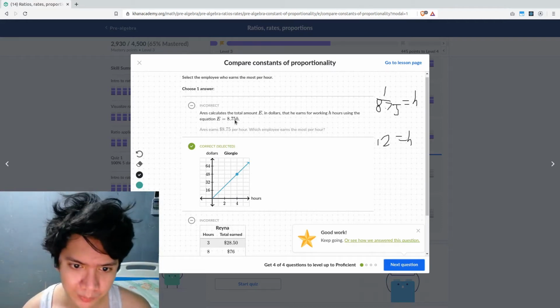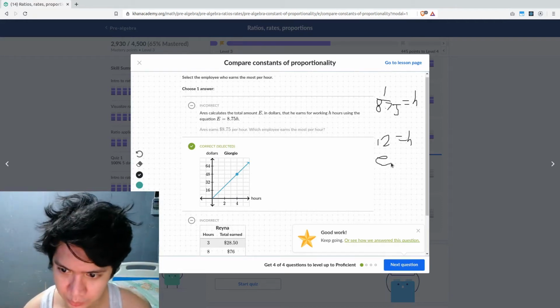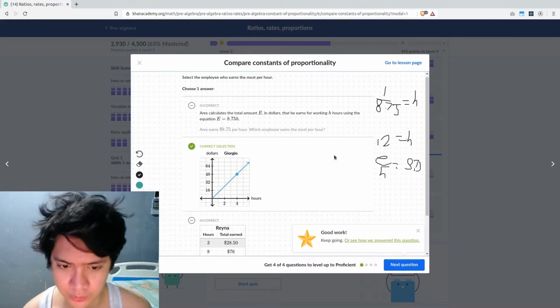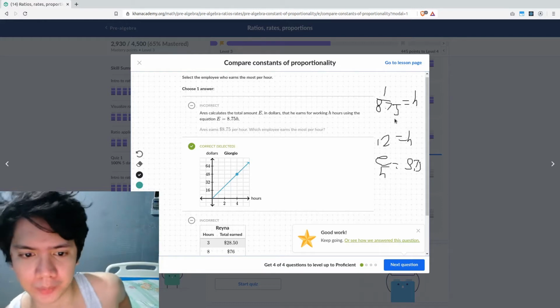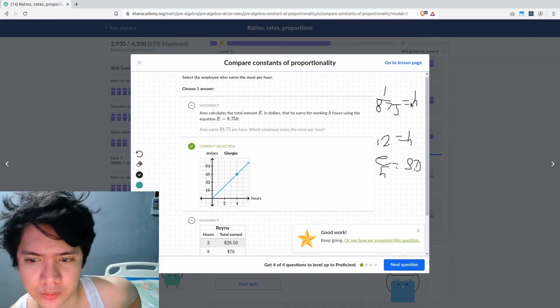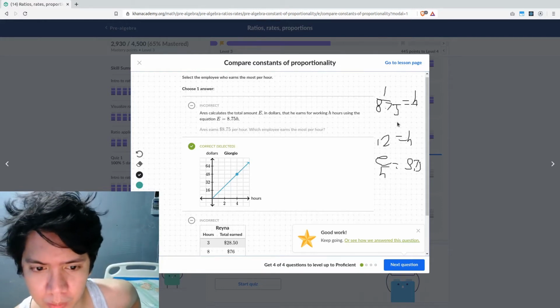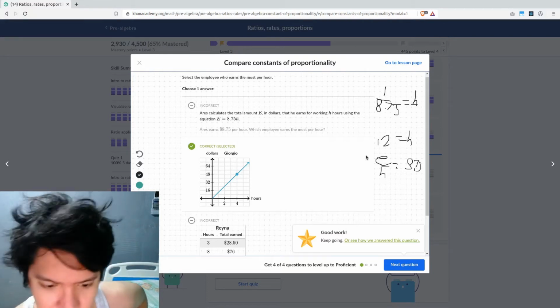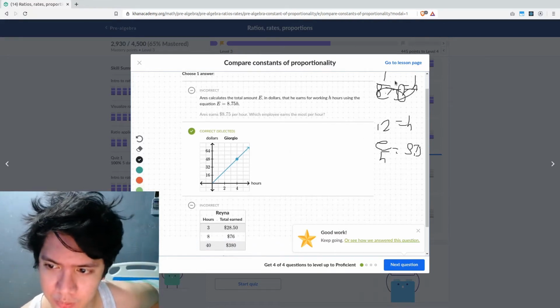Oh, so if you divide both sides by h, we have earnings per hour, which is 8.75. Why do I think that I have to divide it to get hours? Oh, I don't know. It's a different unit, this thing.